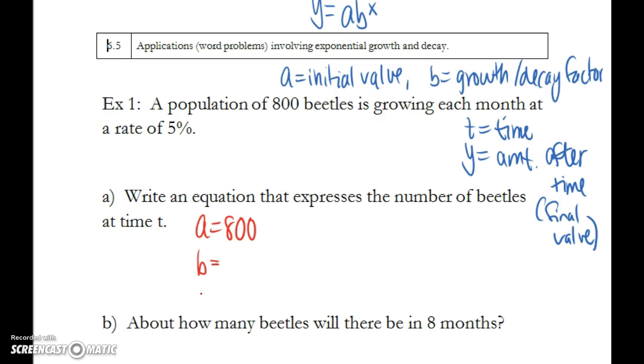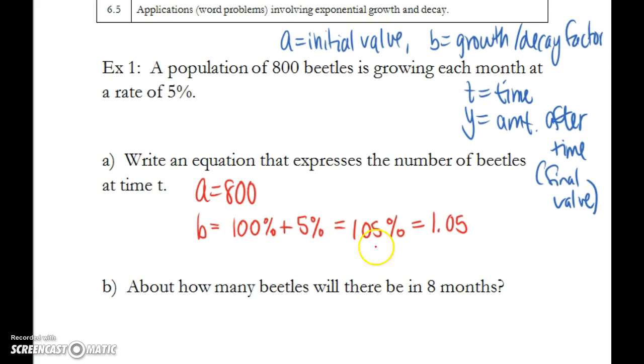Since it's growing at a rate of 5%, it's increasing by 5% each time. We're always starting with 100%, that's the amount that you currently have. And in this case, you're adding 5% because it's increasing for a total of 105%, which converts to the following decimal, 1.05. This confirms the fact that it's growth because our b is greater than 1.